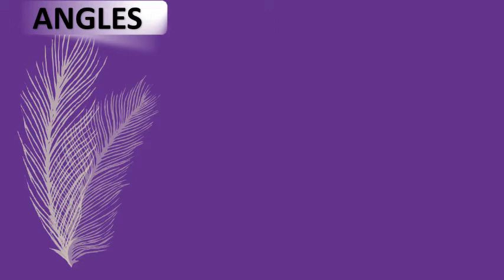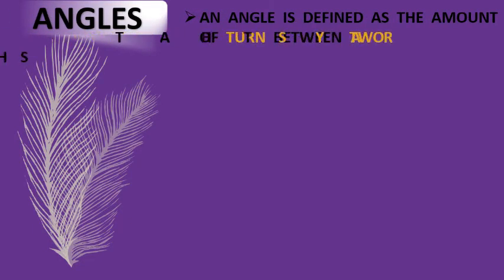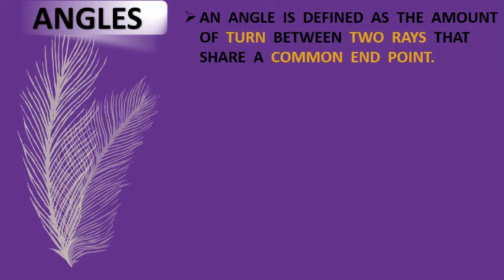Next we have angles. First we have to understand what an angle is. An angle is defined as the amount of turn between two rays that share a common endpoint. Let's understand this with an example.